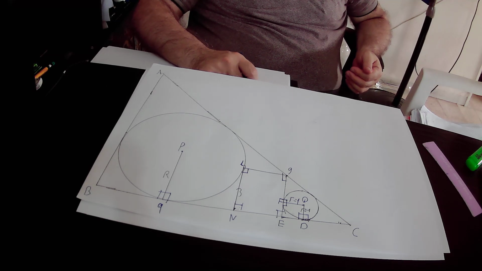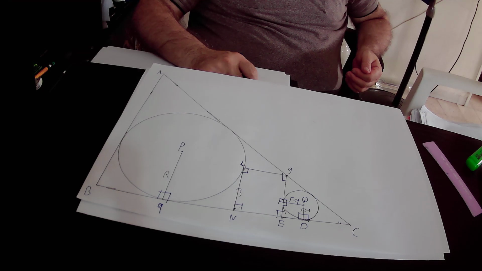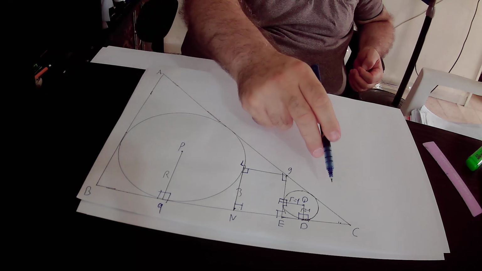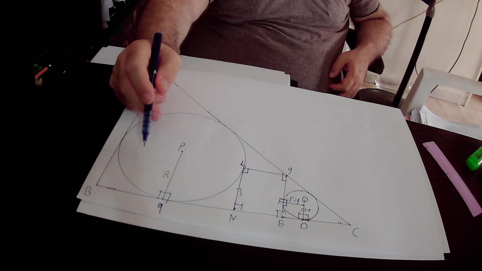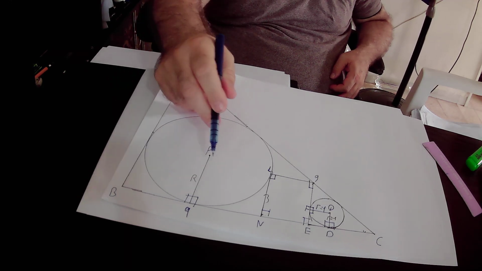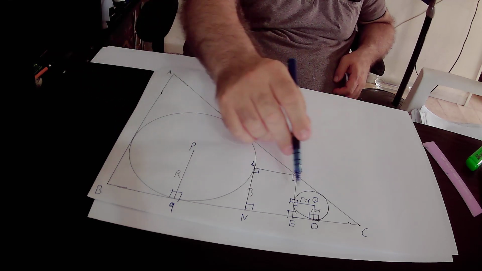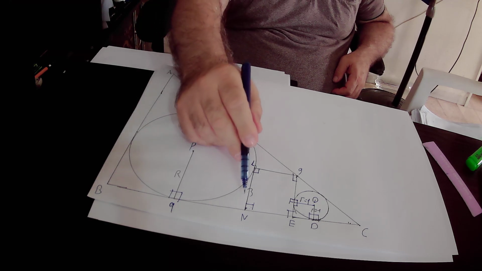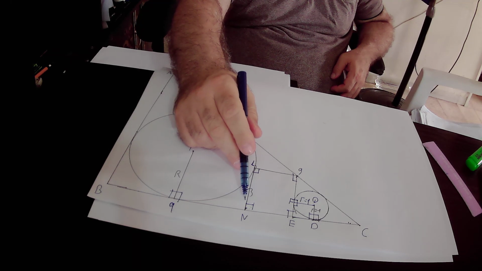Okay, and we also have rule number 3 that states that the sum of the angles on one side of a straight line is equal to 180 degrees. So here side BC is the side of a triangle, therefore it is absolutely a straight line. So if we focus on the upper side of the straight line BC at point N, the sum of the angles on the upper side of BC at point N must be equal to 180 degrees.